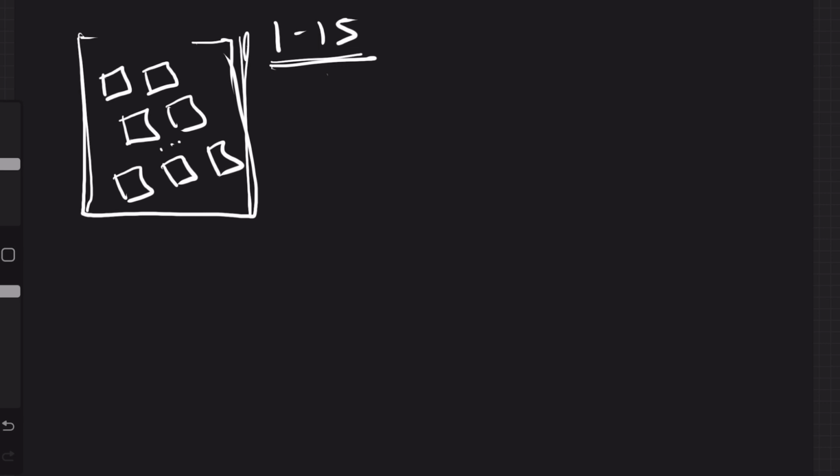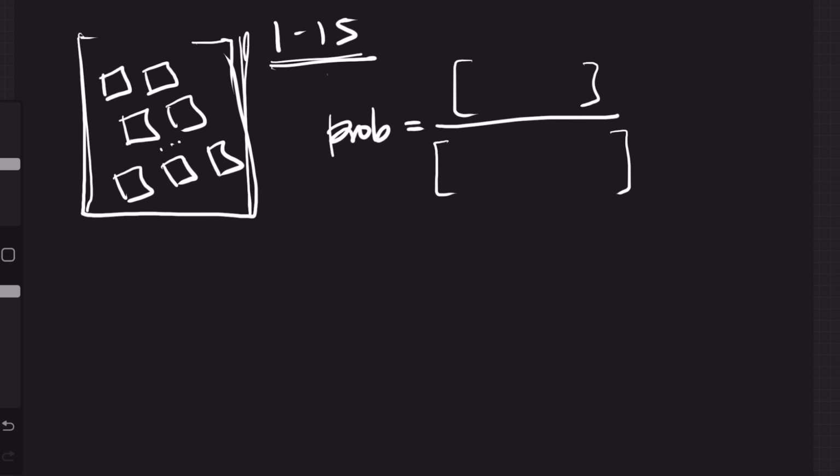So probability is basically telling what's the proportion of something that you wish would happen divided by the totality of options that could happen. So let's write here the totality, and here a part of the totality. What do I mean by this?